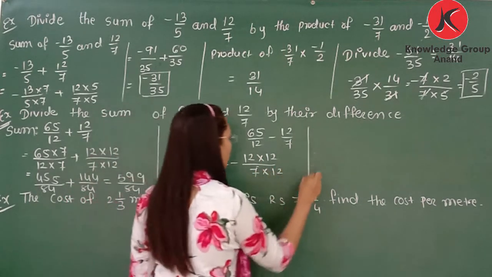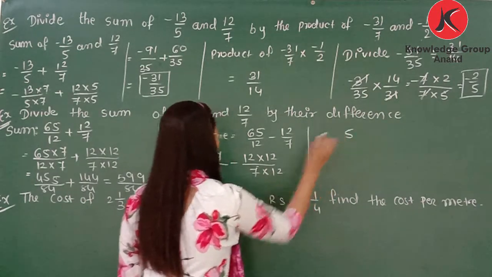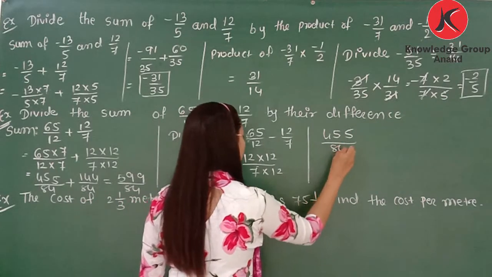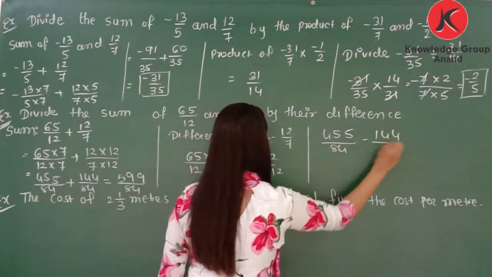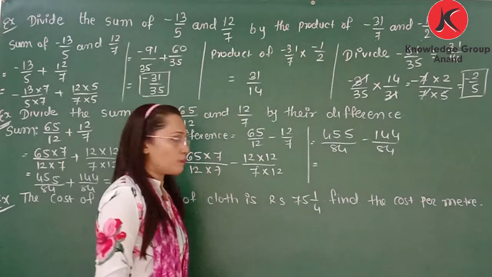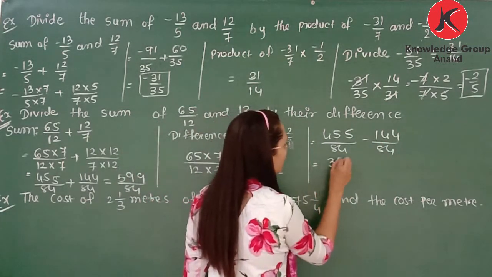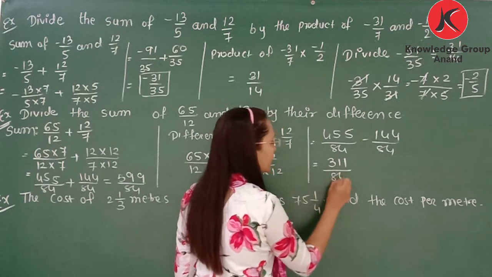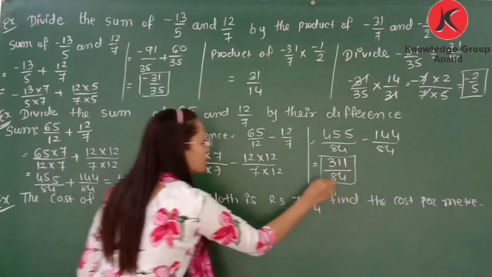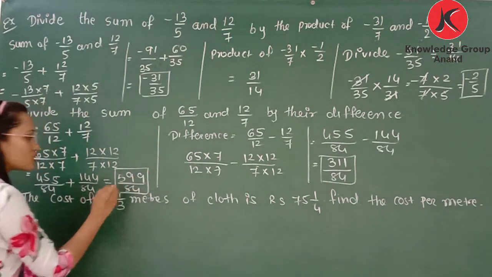So here we have 455 divided by 84 minus 144 divided by 84. If we perform the subtraction, we will get 311 divided by 84. Now this is the answer for the difference and this is the answer for the sum.